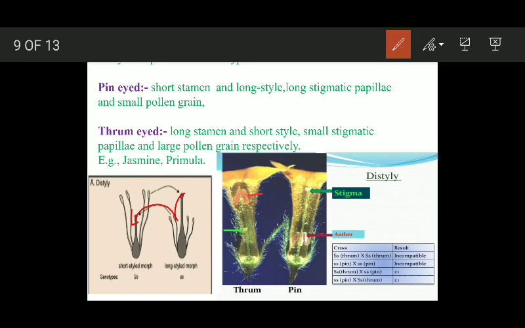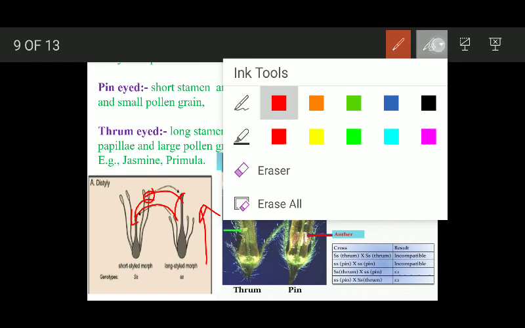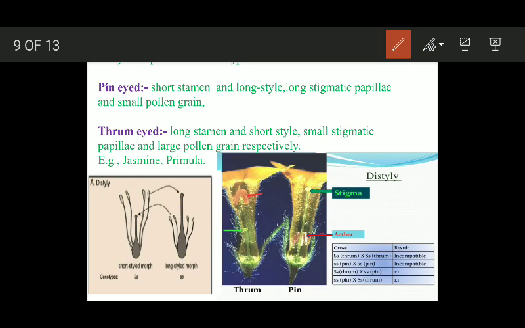Likewise, the pollen grains produced in the anthers of the thrum flower can land on their own stigma as well as the stigma of the pin flower, but the chances of germination are higher when they drop on the stigma of the pin flower.